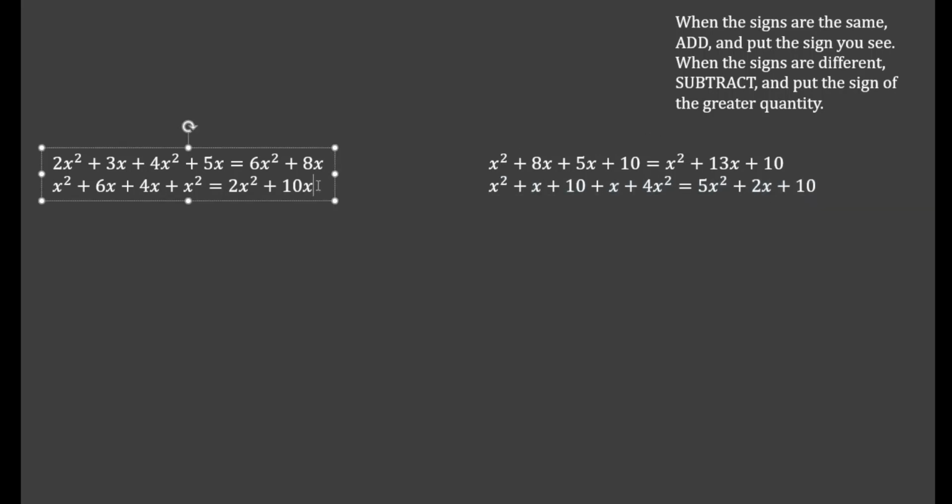E, the fifth one, we have 5x squared minus x minus 6x squared plus 8x. Zane, you did this one?